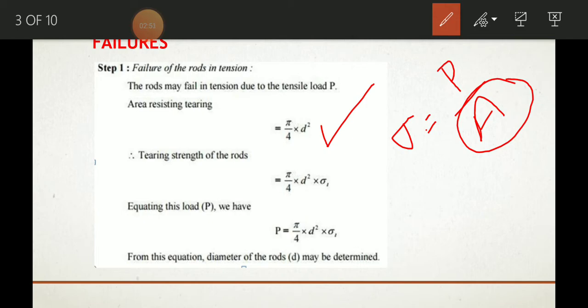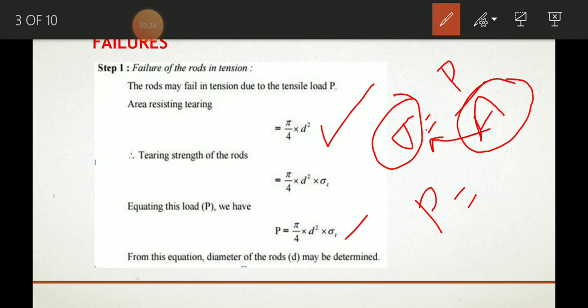Similarly, to calculate the tearing strength, P equals pi by 4 d square into sigma t. Shift A to this side: sigma is the tensile stress, and A is the area of the rod, pi by 4 into d square. When you equate both equations, we get P, the tearing resistance, equal to pi by 4 d square into sigma t.